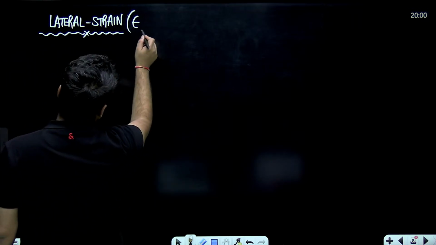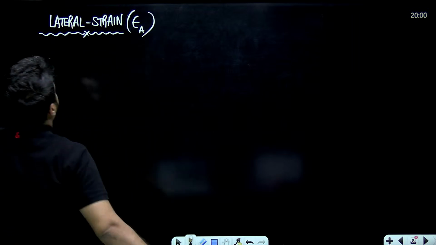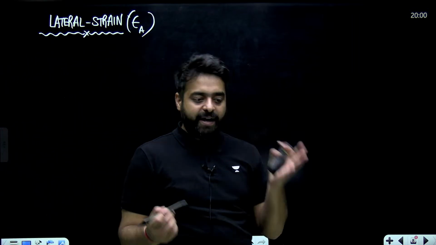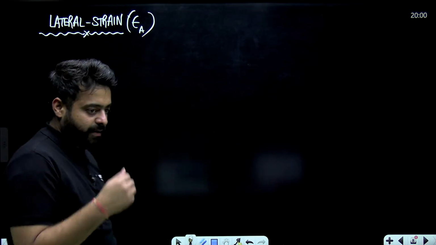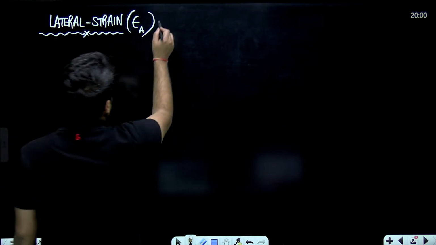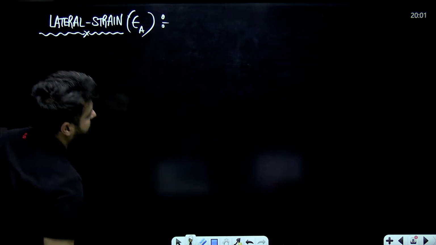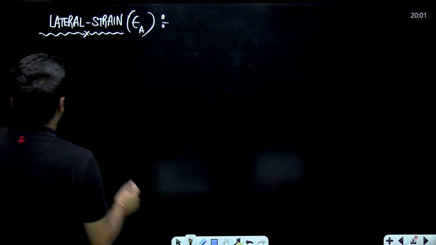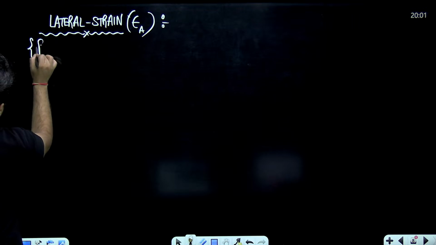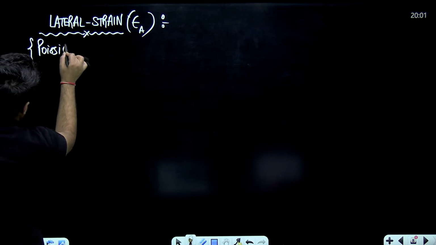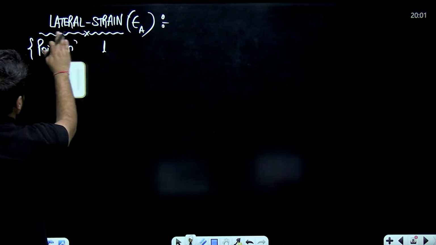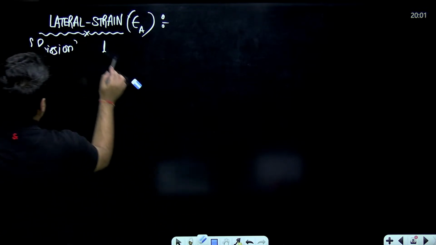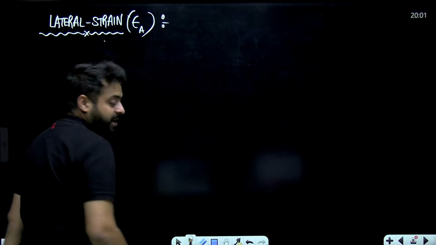Lateral strain you can define with respect to area, so I can put it like epsilon A for my condition, because sometimes they may change. So what is lateral strain? I need to understand that, and then I want to understand one more parameter, that is called Poisson ratio. Okay, let's remove the Poisson ratio for right now. I'll put it in the next note, but I need to understand the lateral strain part.